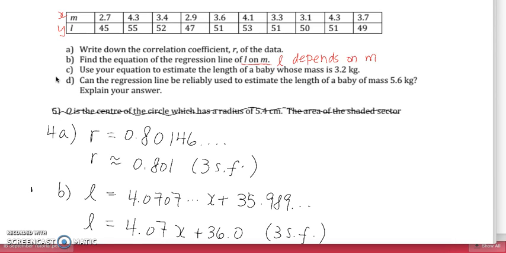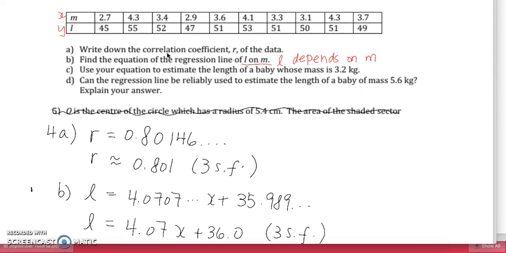You have to recall how you can input data. So you'll be using a stat button, enter the masses into L1, the length into L2, and then you use that calculate linear regression to come up with the equation of the line of best fit, and also the correlation coefficient.